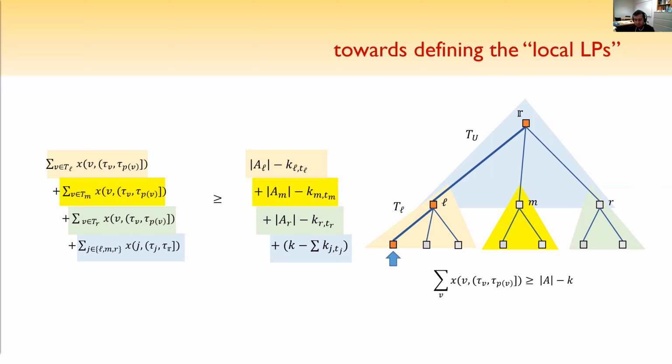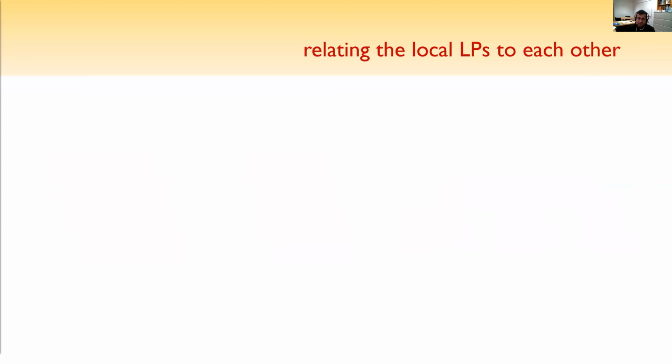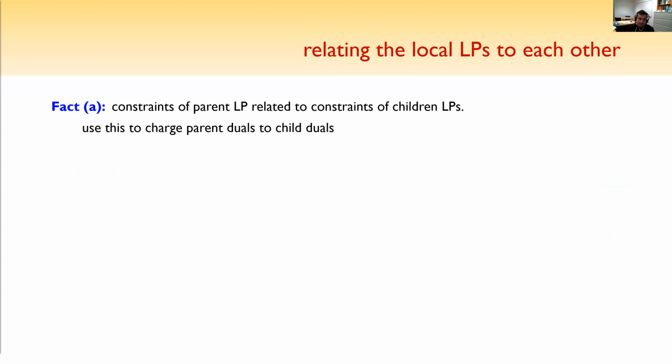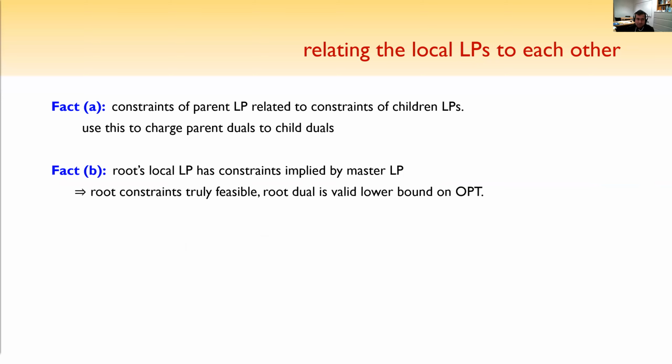So the local LPs are not valid relaxations of the optimal solution, but the advantage of the local LPs is the following. First, we can relate the constraints and duals of the local LPs of children to their parents. And then as we go up the tree, once we get to the root, the local LP becomes the overall LP that we have already shown to be feasible.